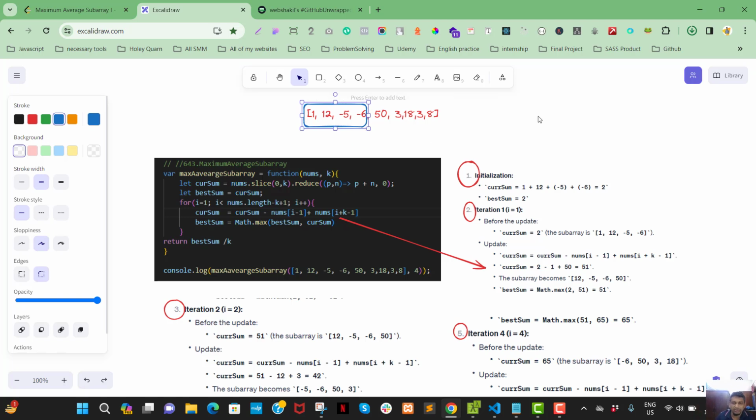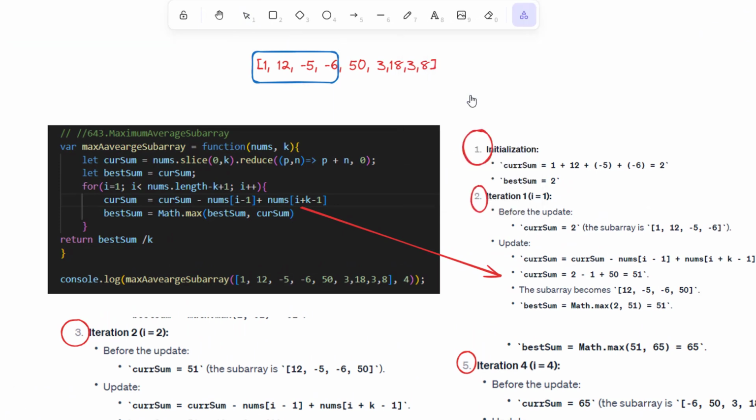How is it? 1 plus 12 minus 5 minus 6, and the result will be 2. And you have to start your calculation from this 2.